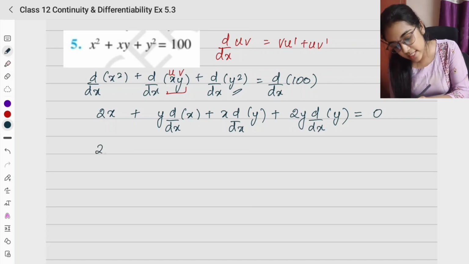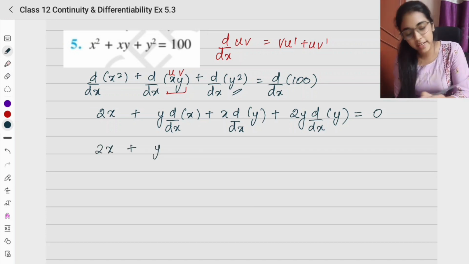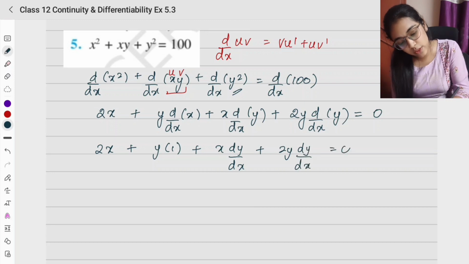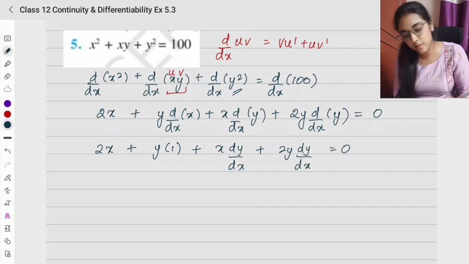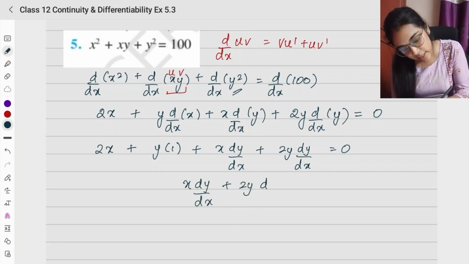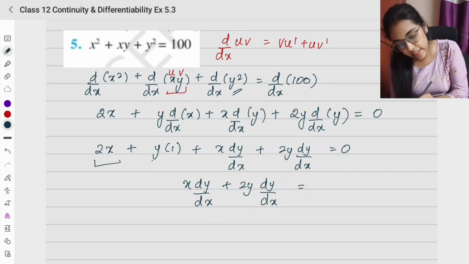Okay. Now next step, 2x plus y times d by dx of x is going to be simply 1 plus x into dy by dx plus 2y dy by dx is equal to 0. So clubbing all the terms which have dy by dx, I have x times dy divided by dx plus 2y dy by dx is equal to 2x goes to the other side, y goes to the other side.